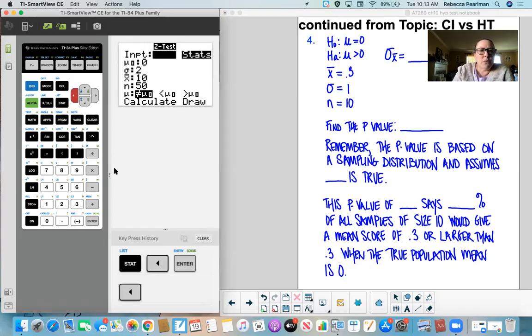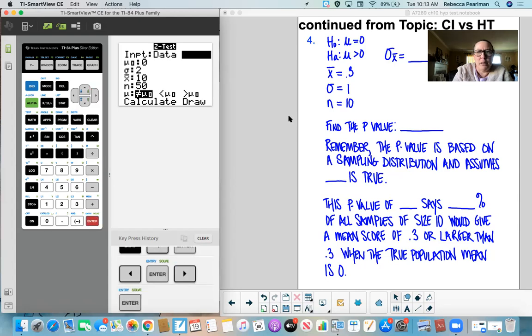If your calculator starts off in data, we don't have data in a list like one of our homework problems or like one of your post-AP projects if you choose to do a test about a mean score. So go over to stats if you weren't already. Mu naught is the null hypothesis mean, so we match already. Sigma is given to us as 1. So let's go down and change sigma.